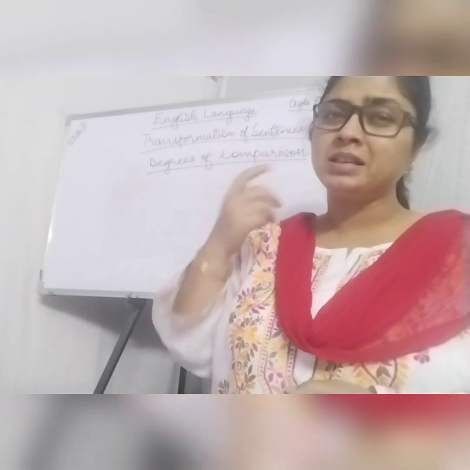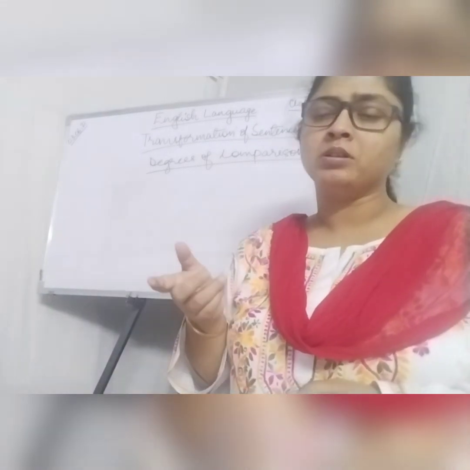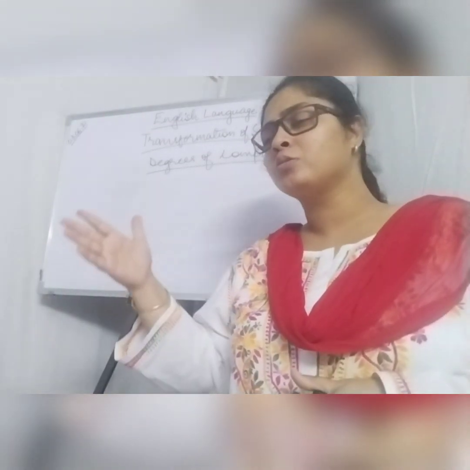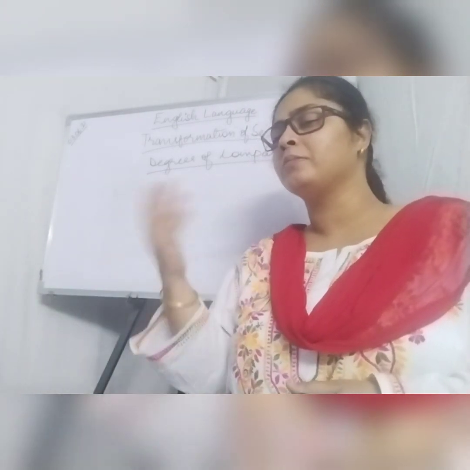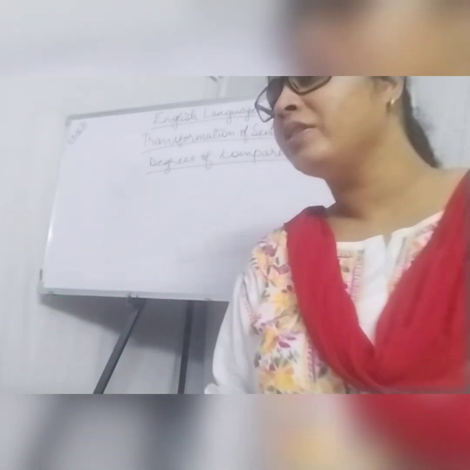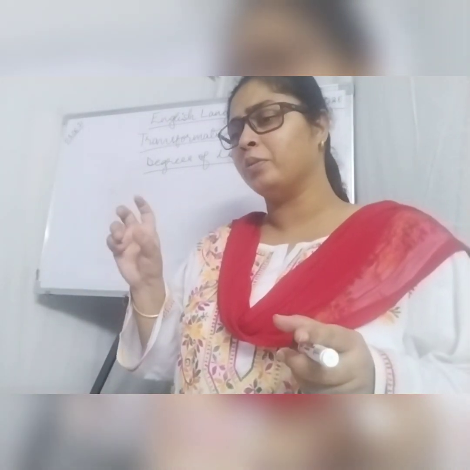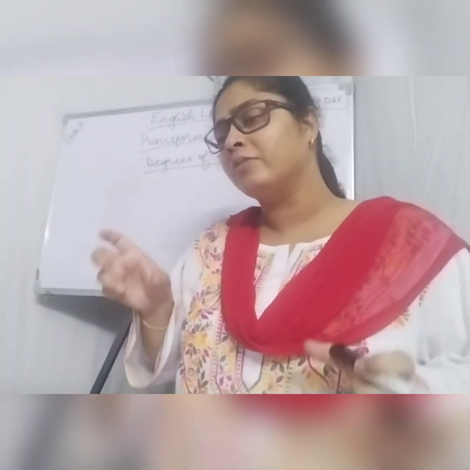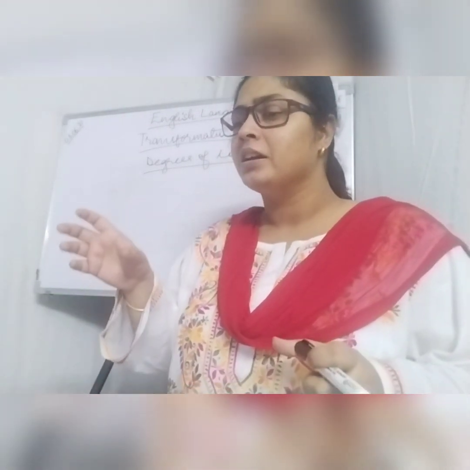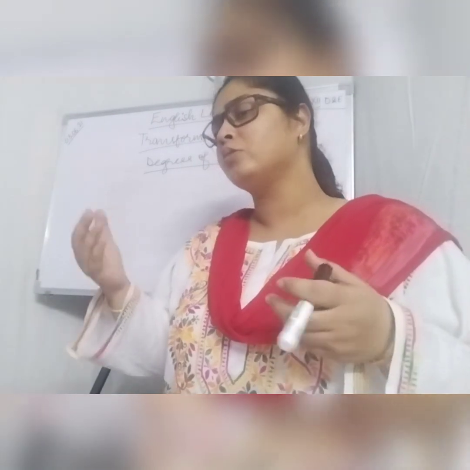Sometimes a sentence is given as positive and we are asked to write the superlative or comparative degree. We change the degree of the adverb or adjective in a sentence. That is also known as transformation. Now let us see how we do it.